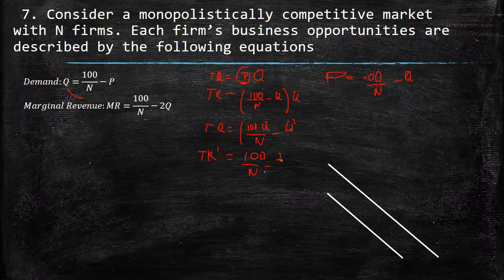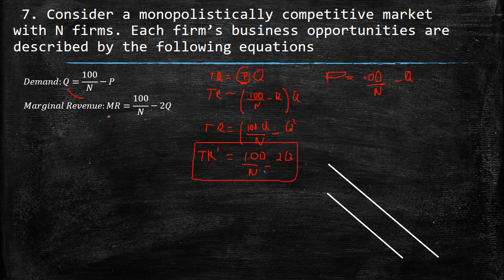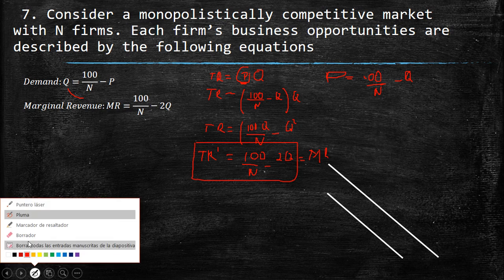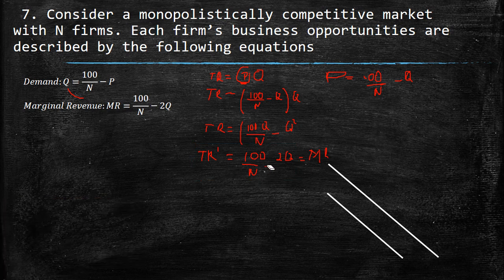This one I'm not going to go deep into. It's just in case you're interested in where this marginal revenue comes from. So this is equal to the marginal revenue, which is exactly the other one. Okay, whatever. So then let's just cancel out this one.